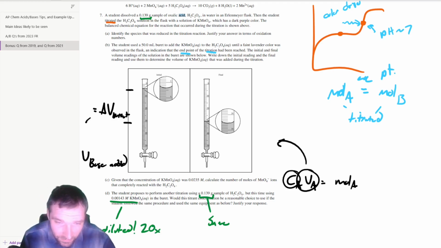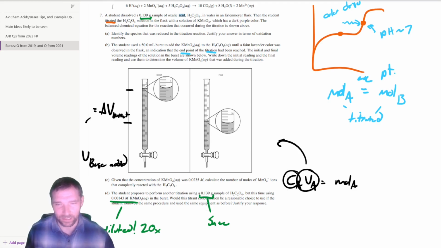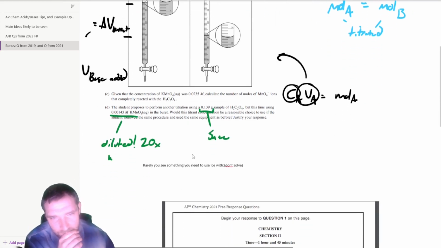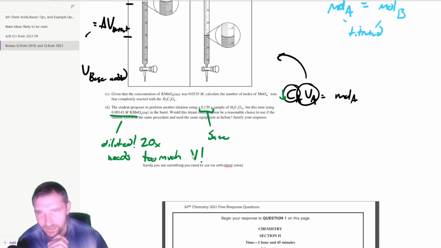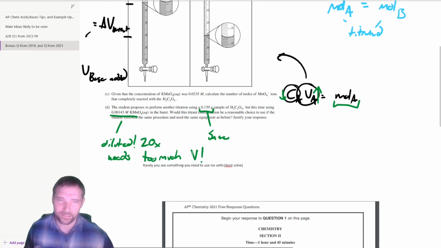So you're going to need to use 20 times more volume here, which is not going to be practical to do. So you can see if this concentration has gone down, then the volume has to go up to give the same amount of moles. That's the main idea here.